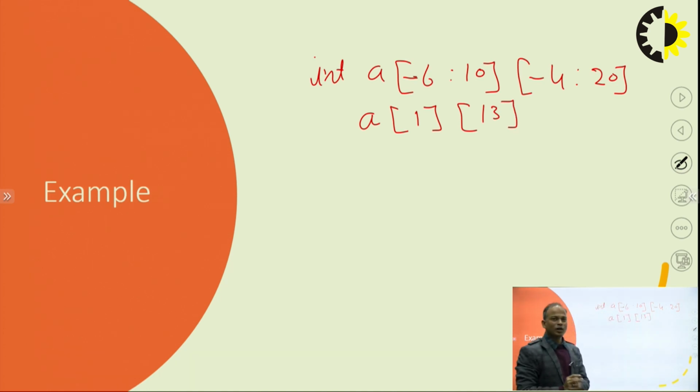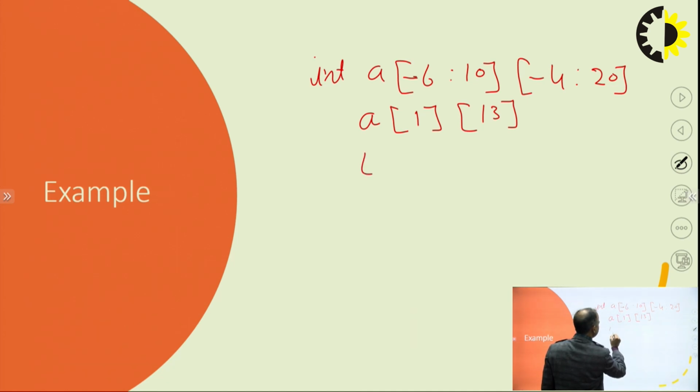So we need to find out the address of the 1 and 13 location. Further, we need to find out the E and L first. After getting the values of E and L, we can easily find out the address of any memory location. So for example, E1 would be here.